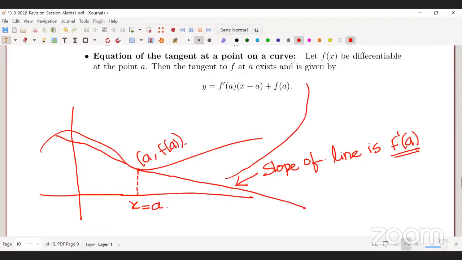The equation of this line is y equal to f dash a times x minus a plus f of a, because a line passes through one point with a given slope. Yes, you can use that to compute the equation of this line.